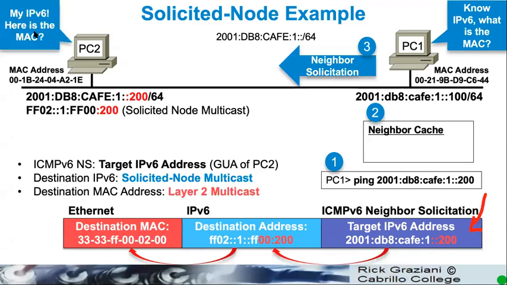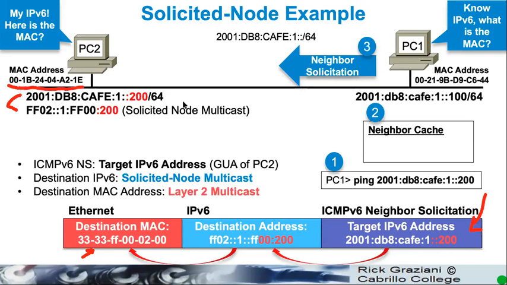When this device receives that Ethernet frame, it says, oh, wait a minute here. The destination MAC address, 3333FF000200. Let's see. Oh, you know what? I have a solicited node multicast address, which is from my global unicast address, and I'm going to accept this frame because although it's not my MAC address here, it is associated.